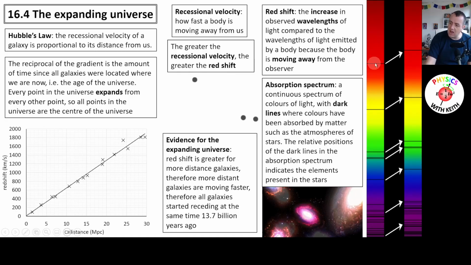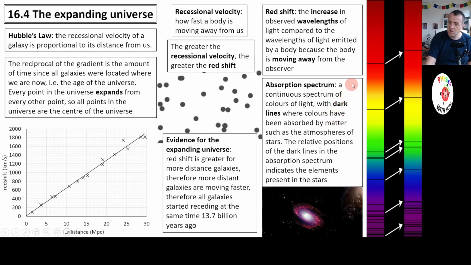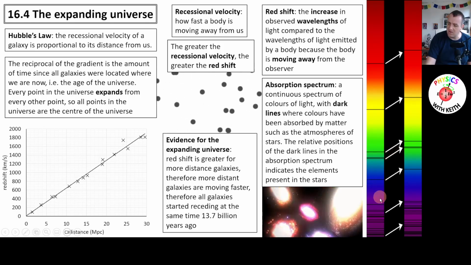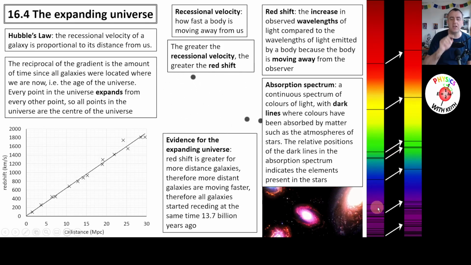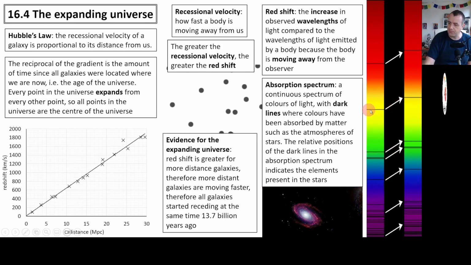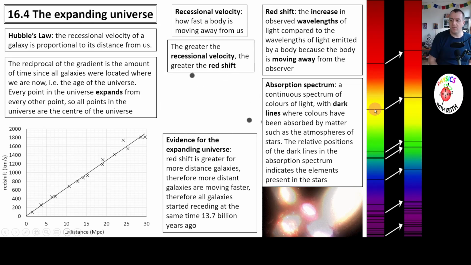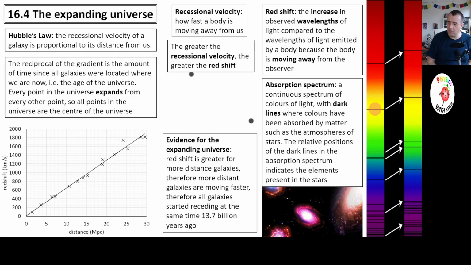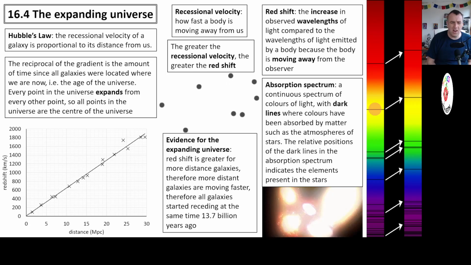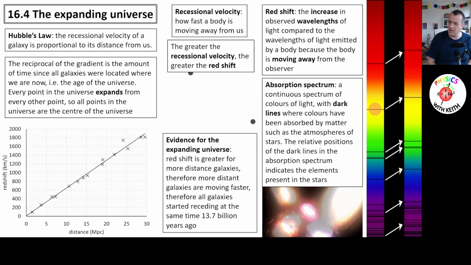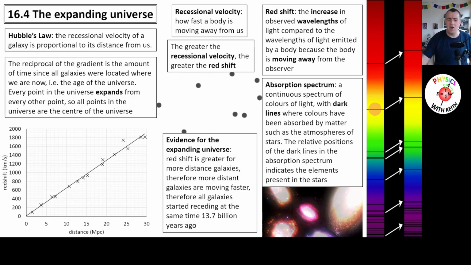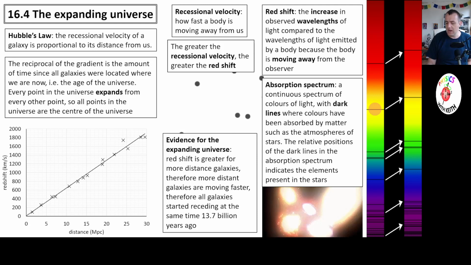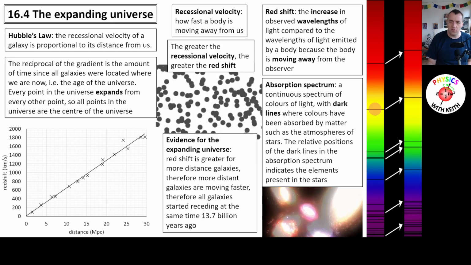So we see this absorption spectrum showing dark lines where colours have been absorbed by matter in the atmospheres of the stars. Now, an interesting one is this yellow one here. When we started doing spectrometry of stars, we found that there was a yellow dark line that we could not find any elements on Earth it corresponded to. The sun contained an element, and we didn't know what that element was.